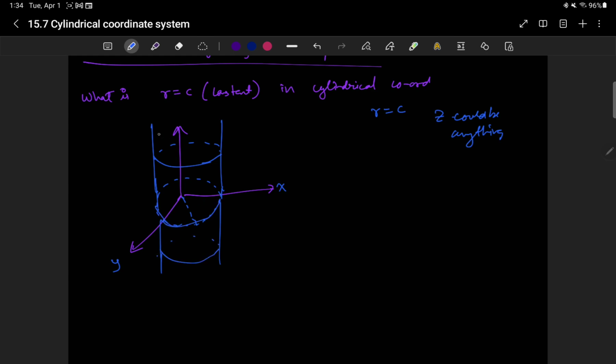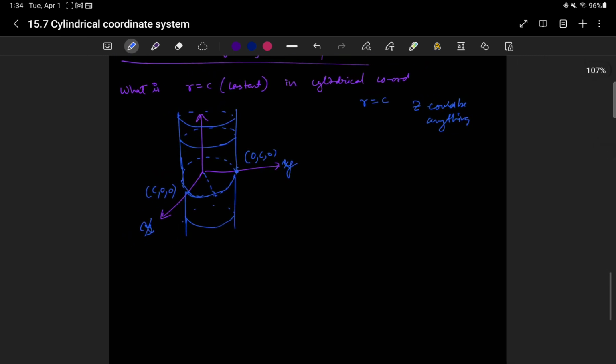So this is a cylinder of radius r. The points intersecting the x-axis are (c, 0, 0), and the y-axis (0, c, 0), and so on. So if r equals constant, we get a cylinder.